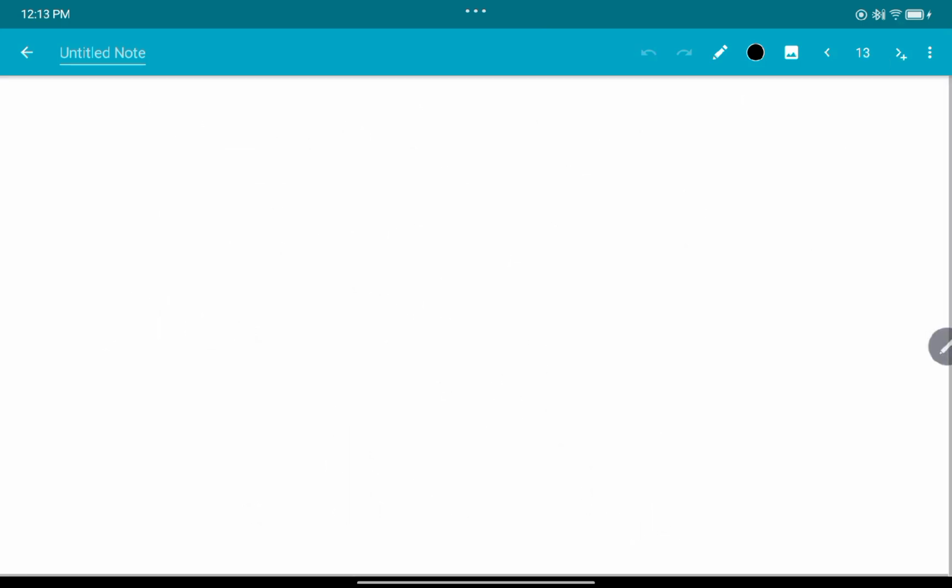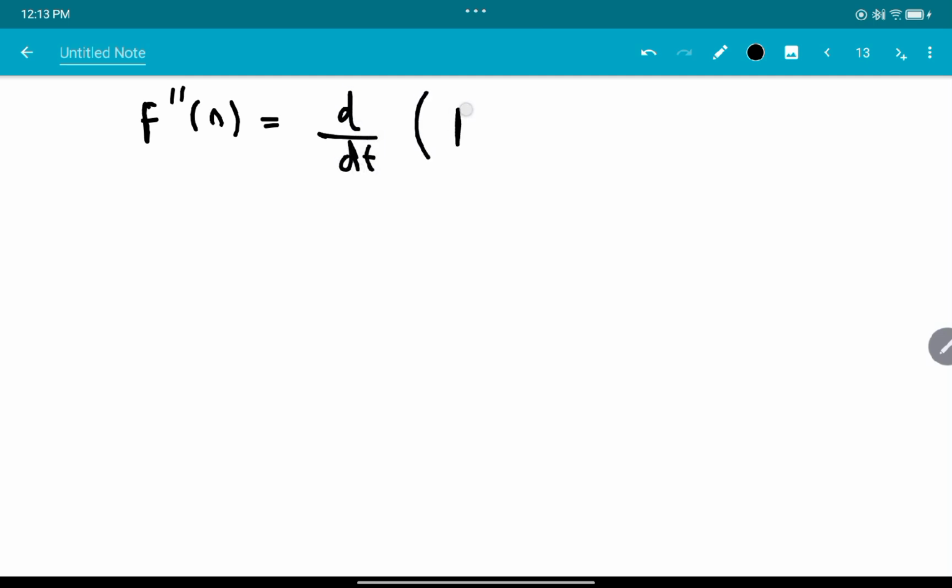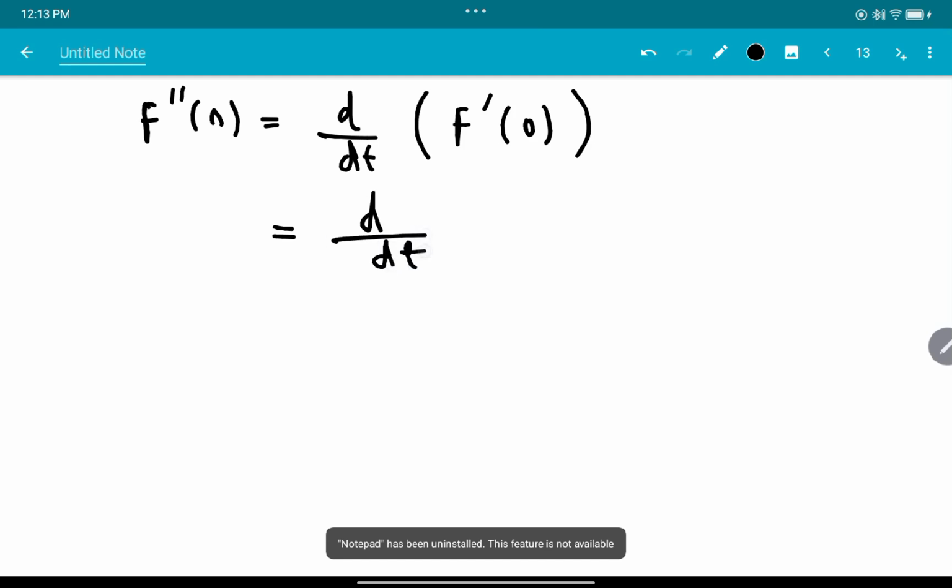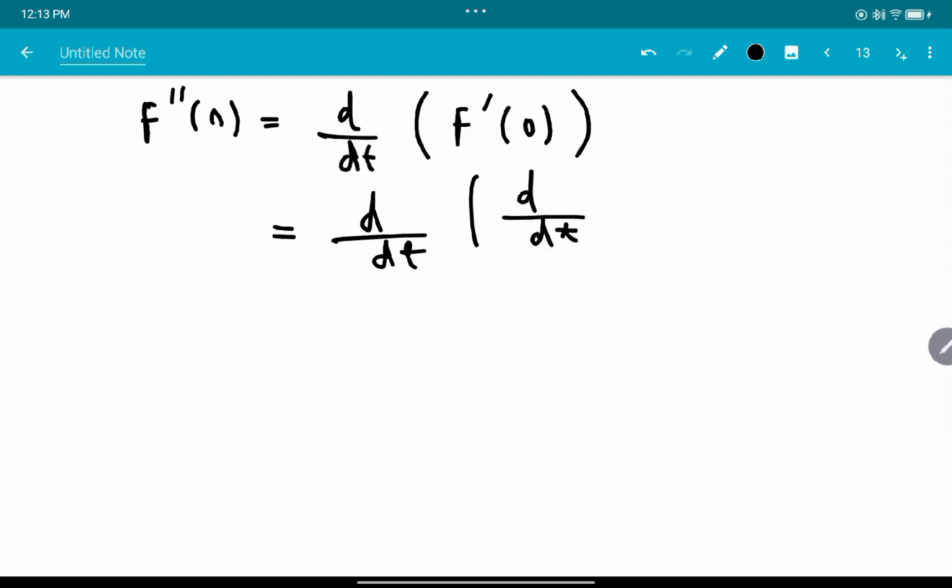Similarly, we calculate f double dash 0. That again will be like this. We can write it as d by dt of f dash 0, which is the same as D square f.